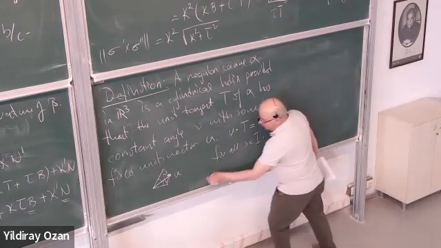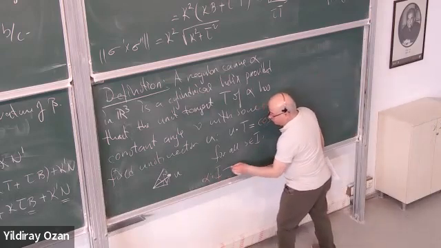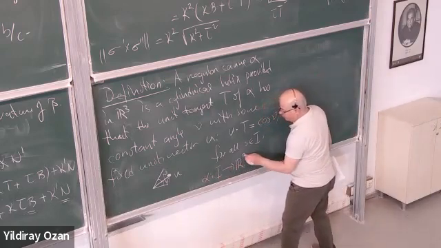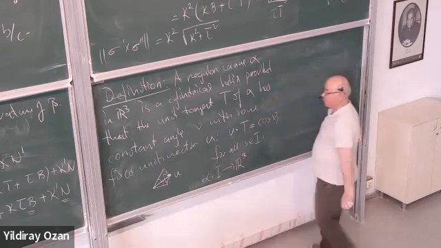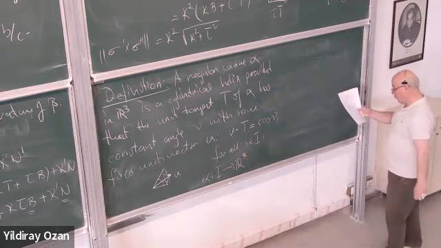So here, let's say we take alpha to be a space curve. All right.